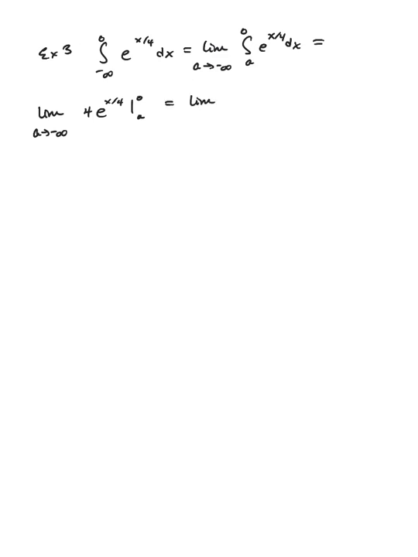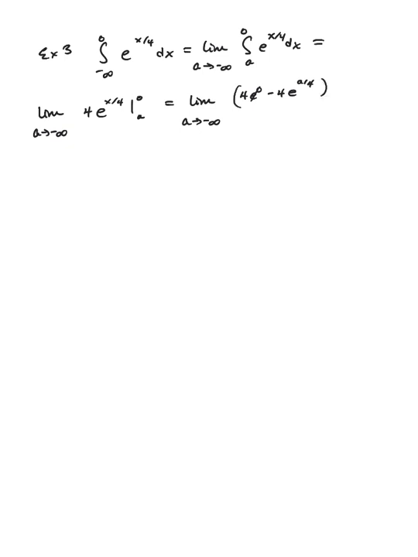That's going to be 4 times e to the 0, minus 4 times e to the a over 4. So for the first part, we just get 4.